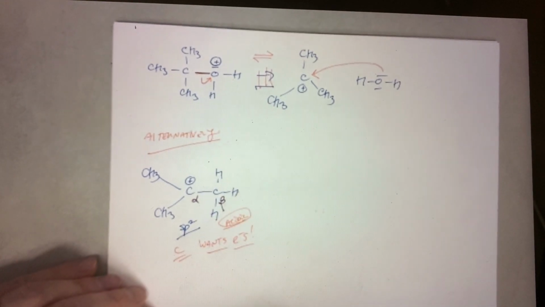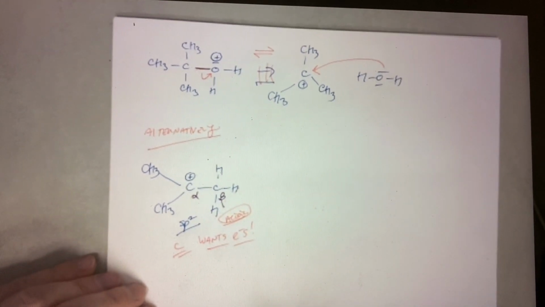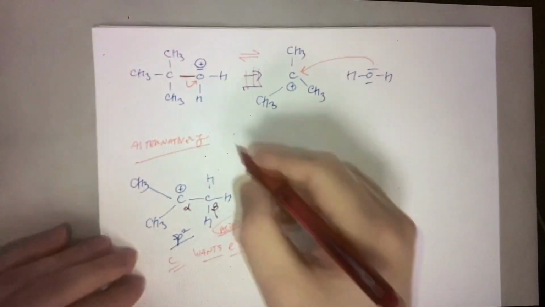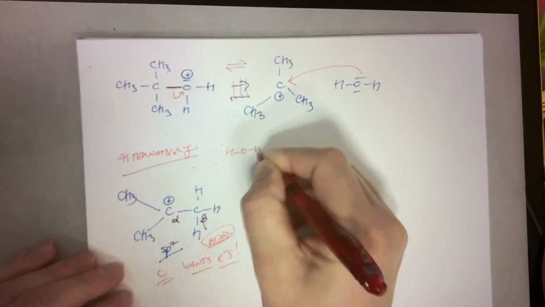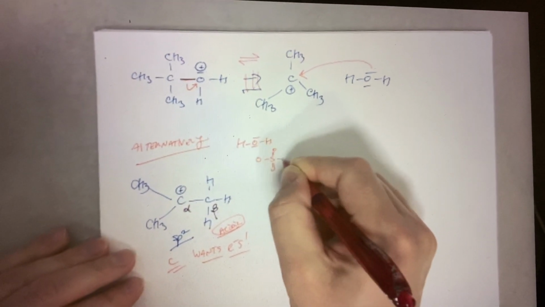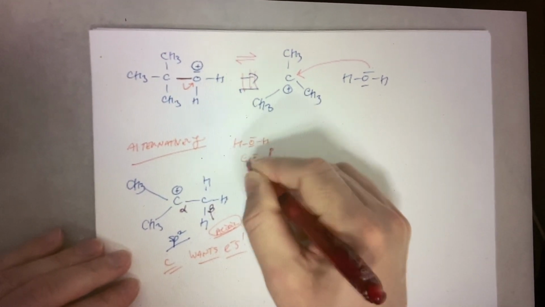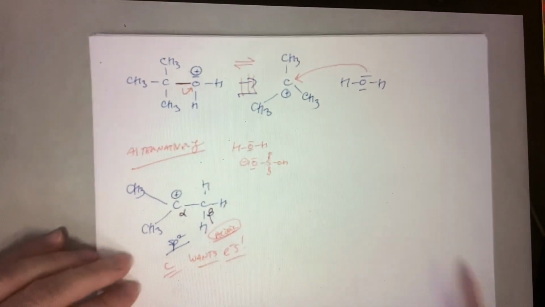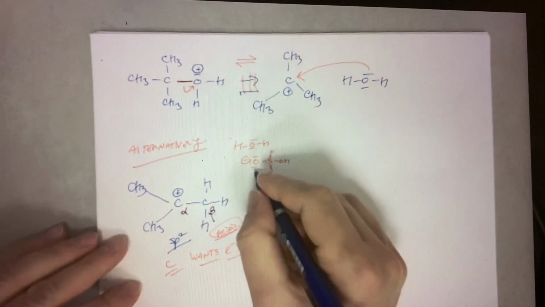And what actually pulls this off, I think the text in the slides I was giving show water, but you could either use water to do this, or you could actually use sulfate, that conjugate base that we had from the last slide. You can use either one of these. They're both basic enough to do this.